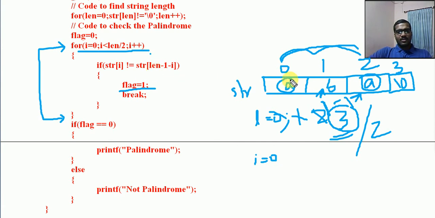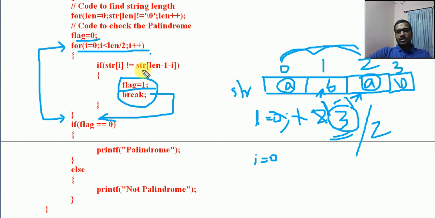So if the first character and last character are not equal, I am simply setting the flag, which was initially 0, to 1, and then I am directly breaking out of the loop. But in this example, A and A are equal, right? They are equal. So it will not enter into this body.